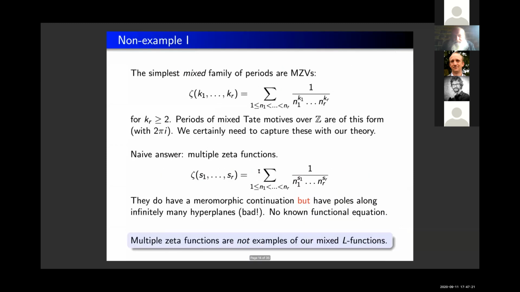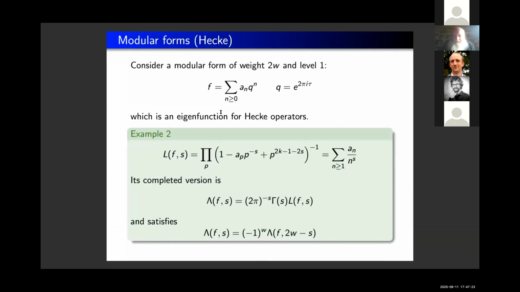Sorry. Here we are. So Hecke took a modular form and he wrote down a Dirichlet series, this one, and realized that the modularity of F, namely the symmetry with respect to tau goes to -1/tau, gives this functional equation on the L function.